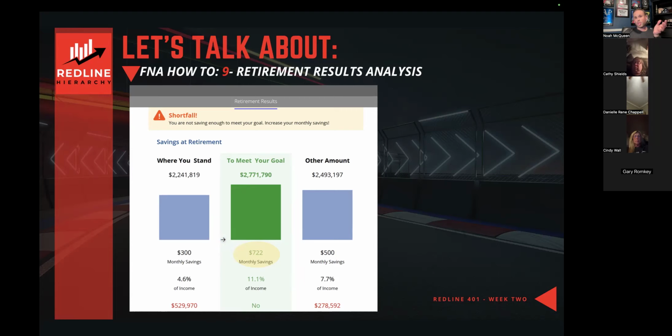It doesn't sound so scary when you break it down like that, right? And if you knew that you could hit that retirement number, would you do whatever it took to hit that? Perfect. Because look, you're already doing this, and to get there, we only got to figure out like an extra $105 a week.